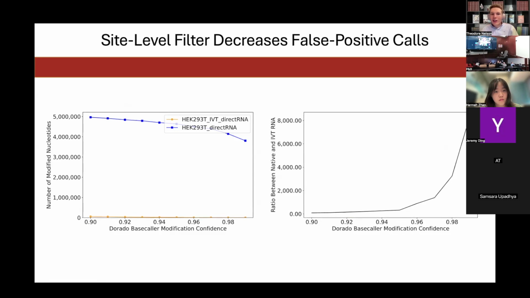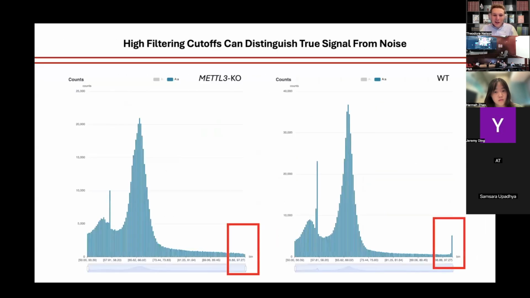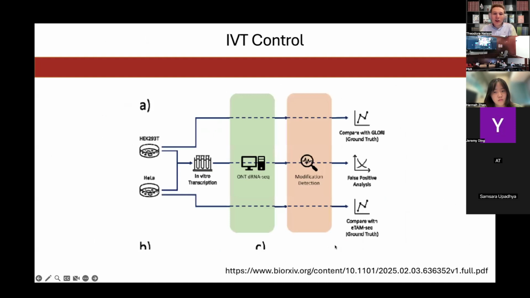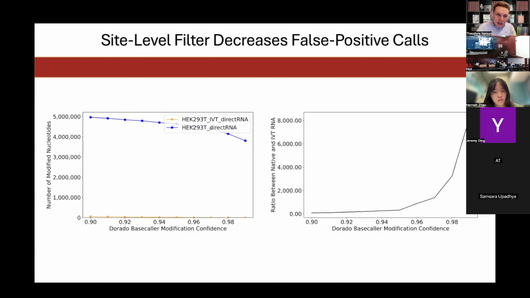Most of them are really low confidence, backed up in these regions. Maybe a couple of calls end up passing, but most of the modification calls at this site were low confidence calls, and we should eliminate them.